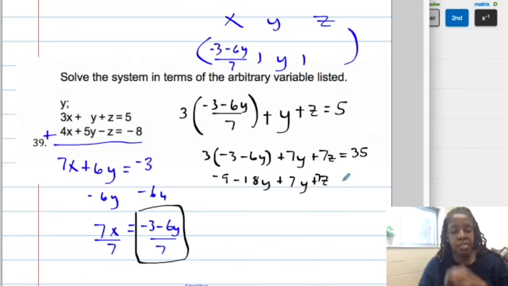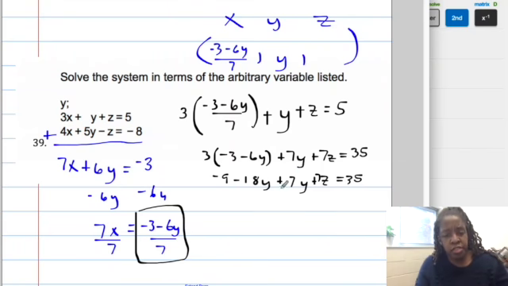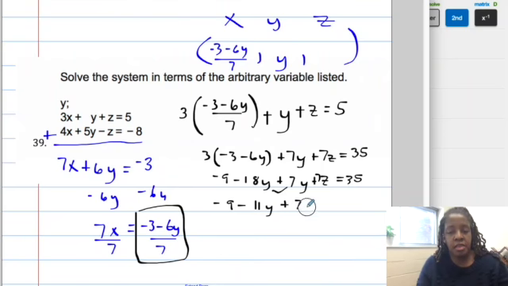Now, our goal is to get z all by itself, so that means we need to move everything over here with the 35. But we don't need to rush. We need to go ahead and get our like terms together that we can on this side. So we got negative 9 minus 11y, because we put these two together, plus 7z is equal to 35.